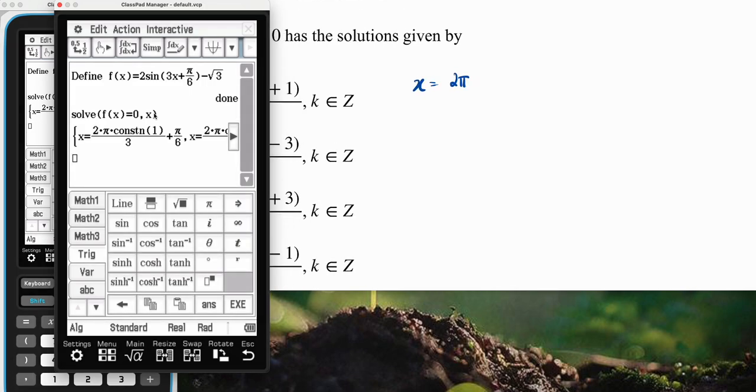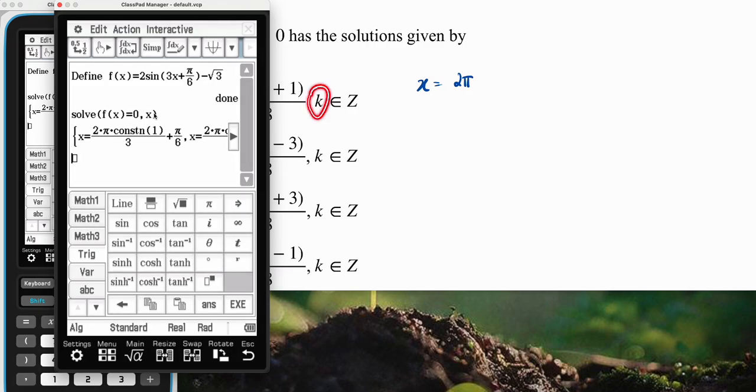In our case, the question's got a k, so I'm going to use a k instead. So it's really just this. So I'll just circle this part of the calculator, equals k. It just represents a pronumeral, a parameter.